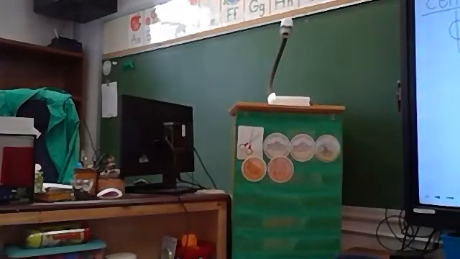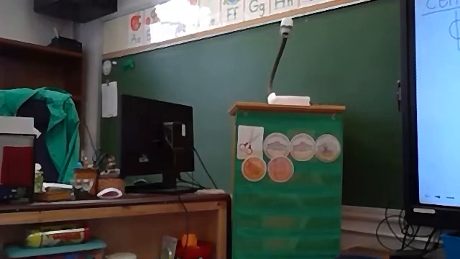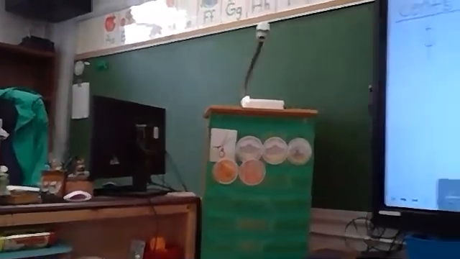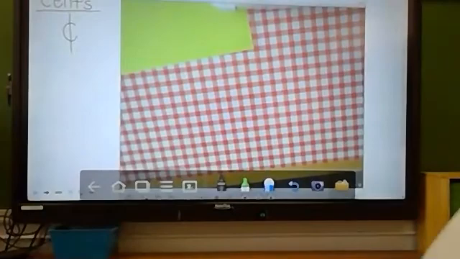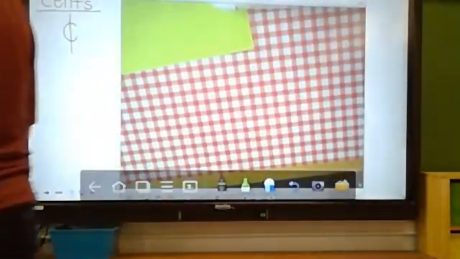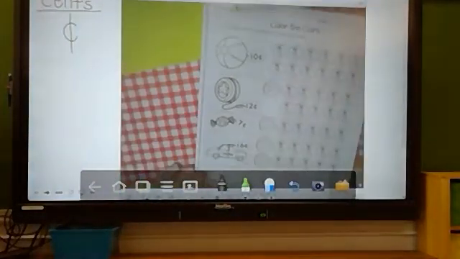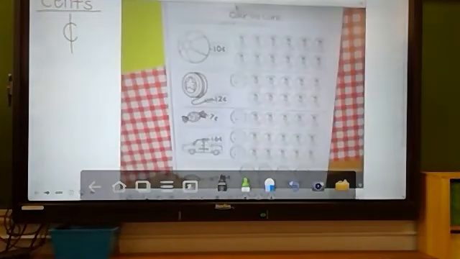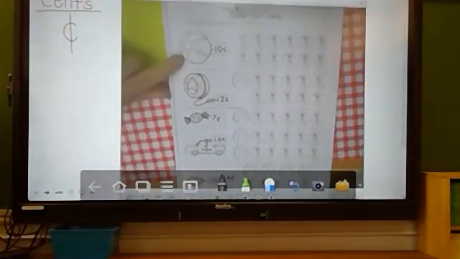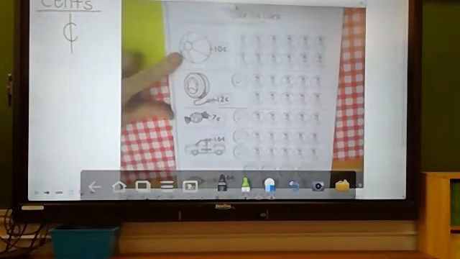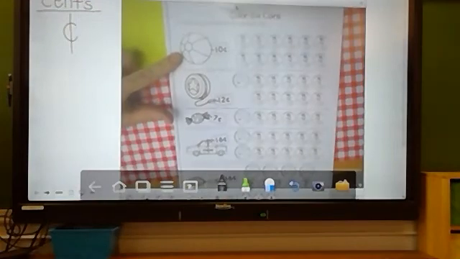All right, now you will find tonight your lesson a store of your own on your worksheet. And it's going to look something like this. You will see that there is an item from the store. The beach ball is worth 10 cents.